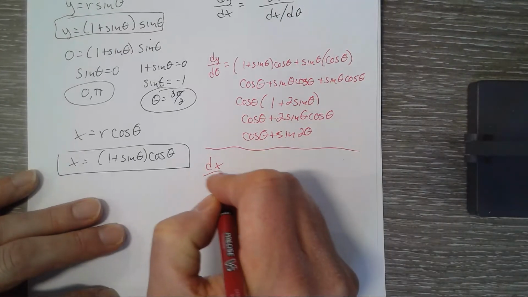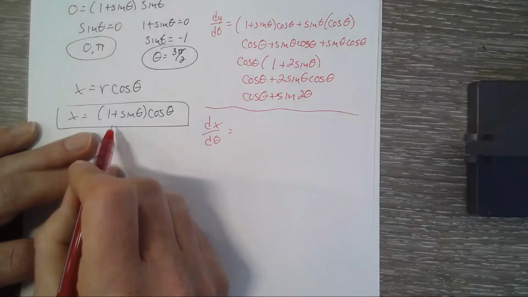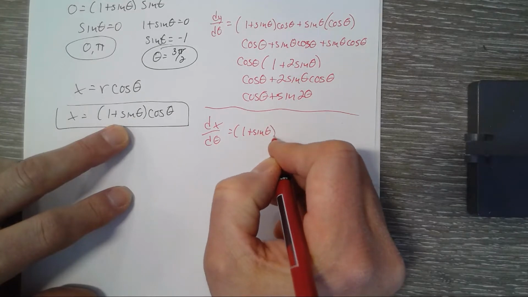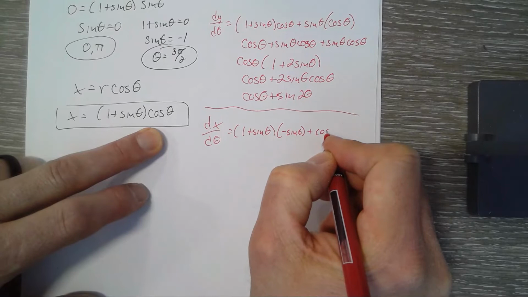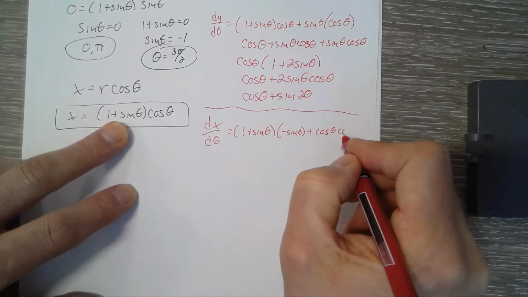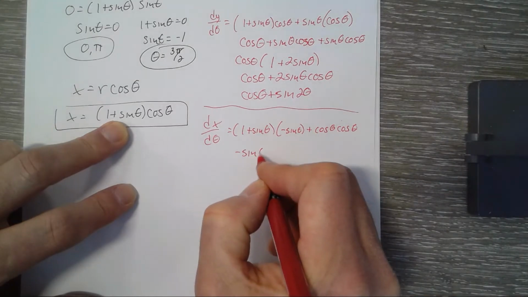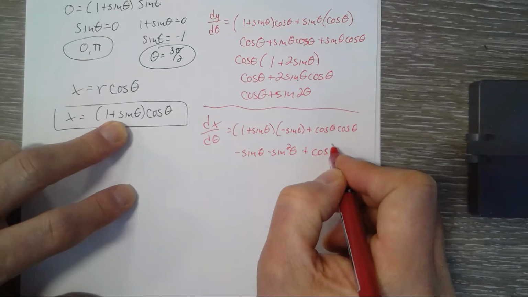dx/d theta, right here another product rule, so 1 plus sine theta times the derivative, which is negative sine theta, plus cosine theta times the derivative, which is cosine theta. So distributing, I have negative sine theta minus sine squared theta plus cosine squared theta.